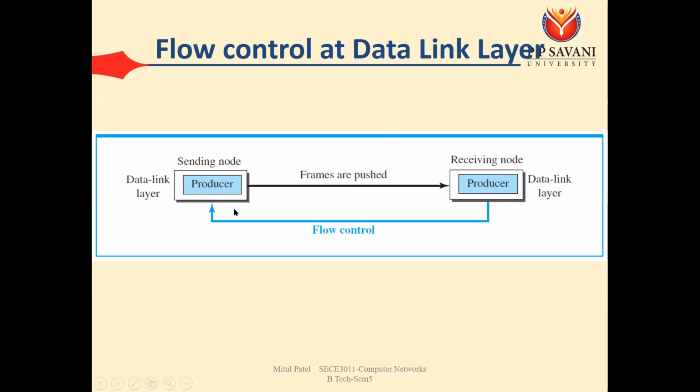Now what happens? As soon as the network layer sends data to the data link layer, that frame is going to be sent to the receiver. The data link layer at the sending side will send a frame to the data link layer at the receiving side.